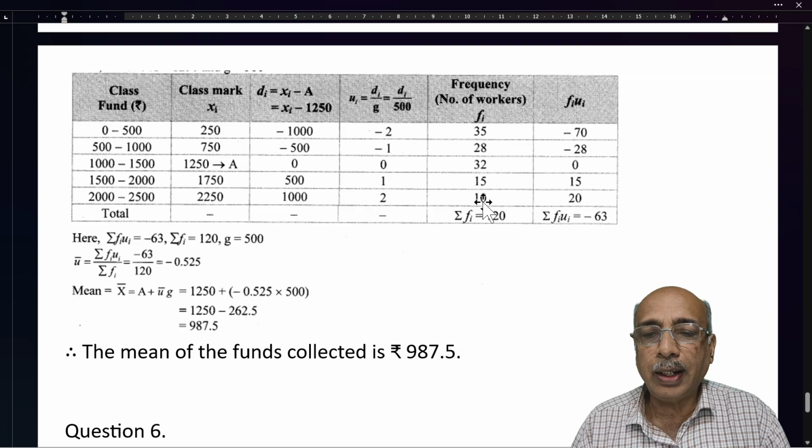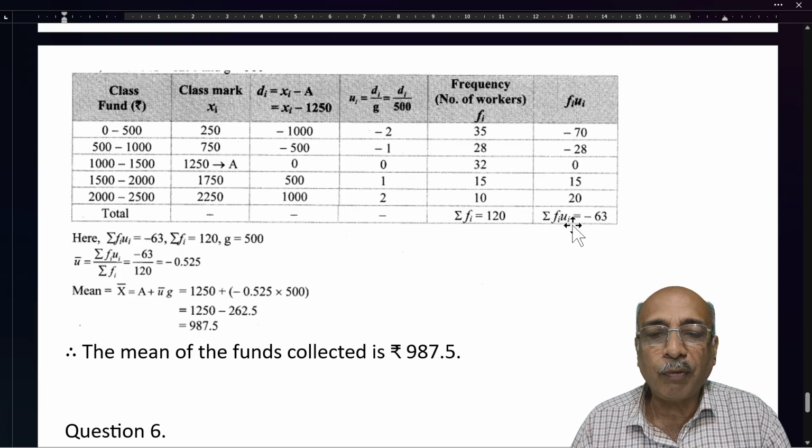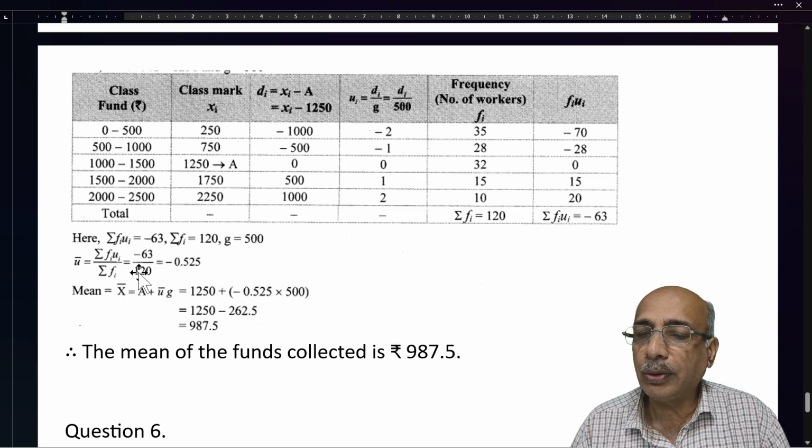Frequencies are given there. So sum of frequency equals 120. Fi ui, simplify this. Here Fi into ui, as it is a step deviation method, we take Fi ui. So sum of Fi ui is coming to minus 63. So u bar, that is mean of u, equals minus 63 upon 120 equals minus 0.525.